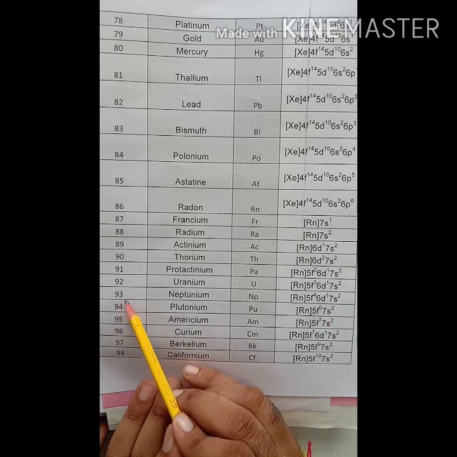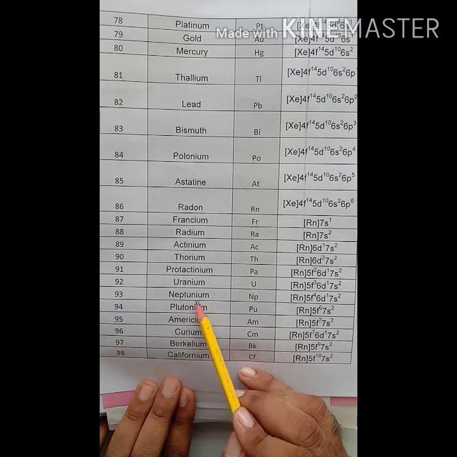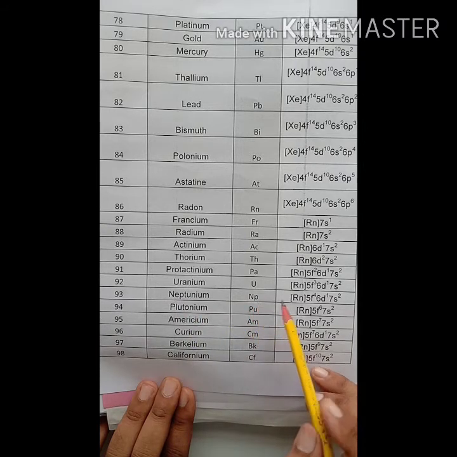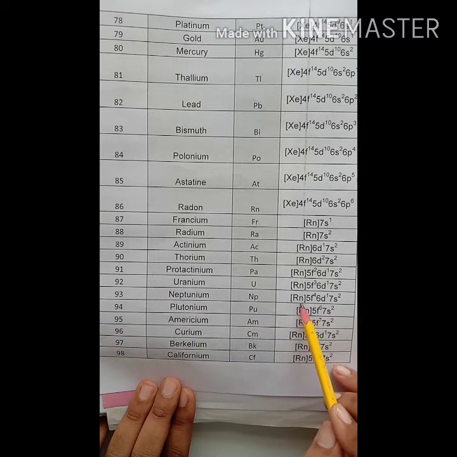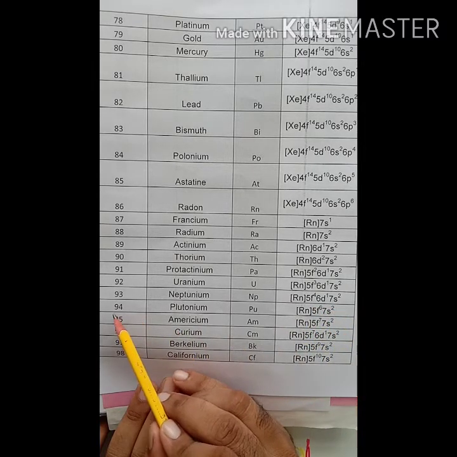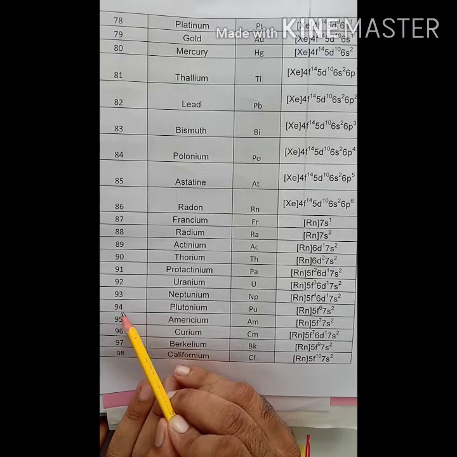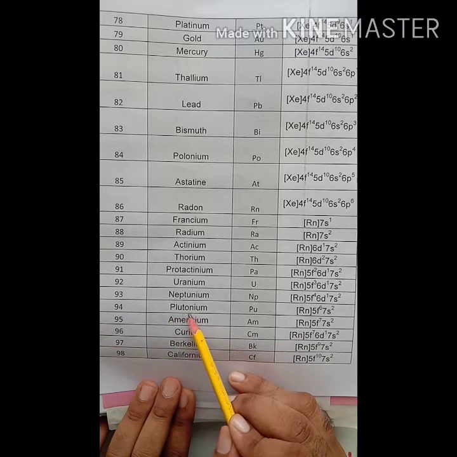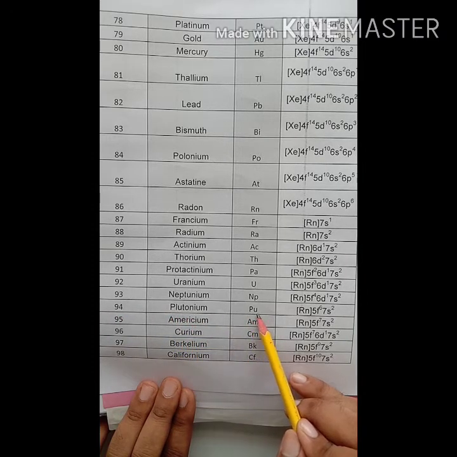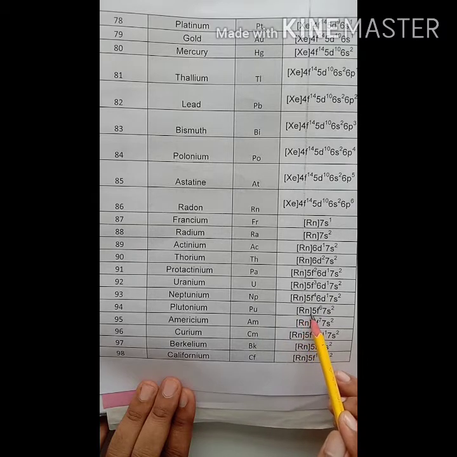The next atomic number is 93. Name of element is neptunium, symbol is Np. Electronic configuration is Rn, 4f4, 6d1, 7s2. The next atomic number is 94. Name of element is plutonium, symbol is Pu. Electronic configuration is Rn, 5f6, 7s2.